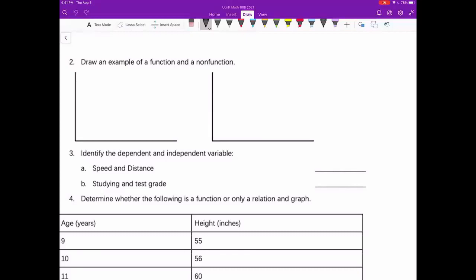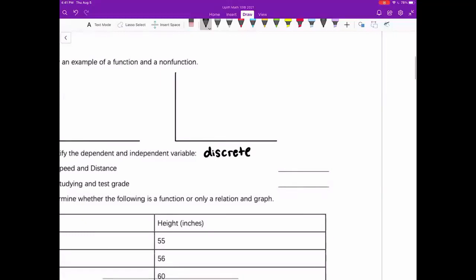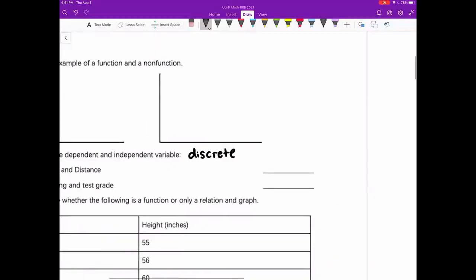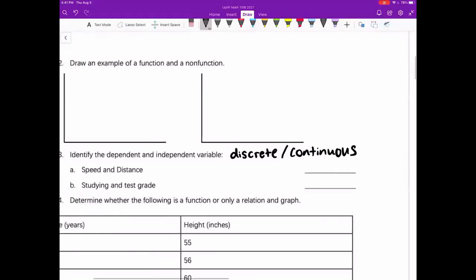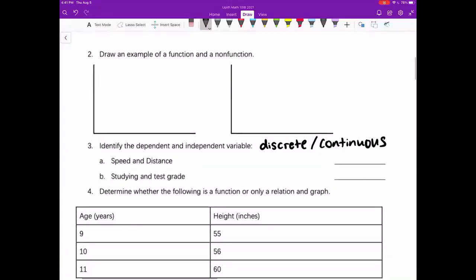Also, classify if it's a discrete or continuous graph. It's a pretty good one, because there aren't any other discrete or continuous questions. Yes, that's correct.